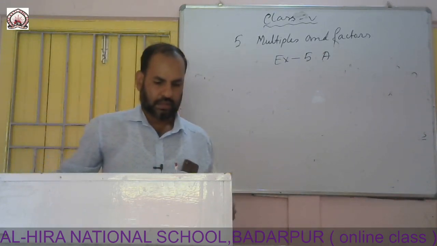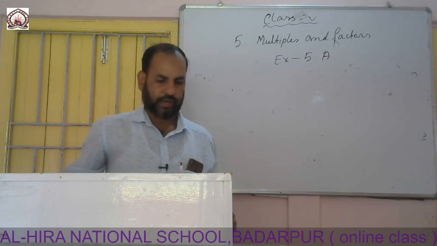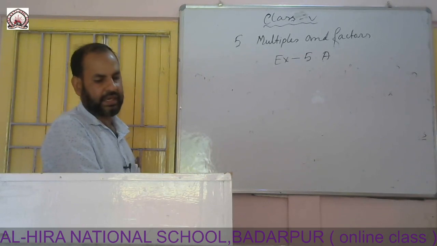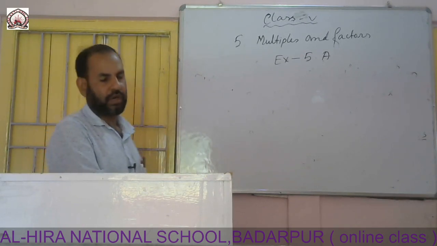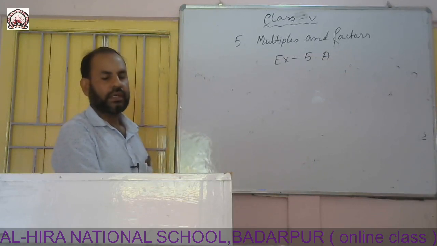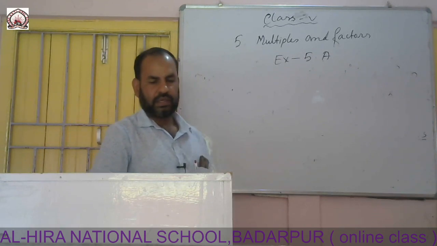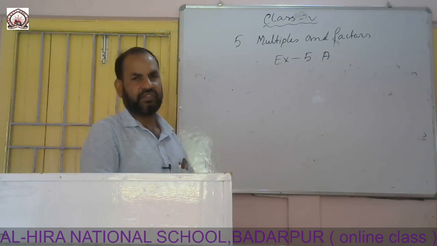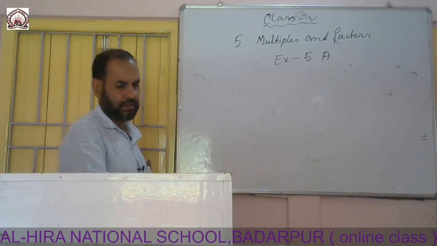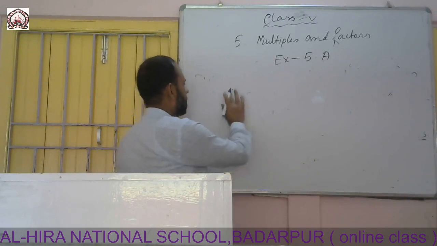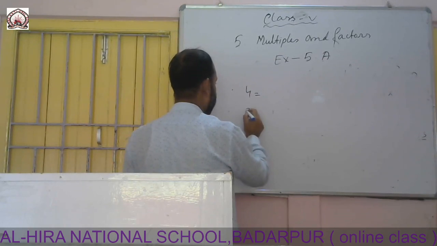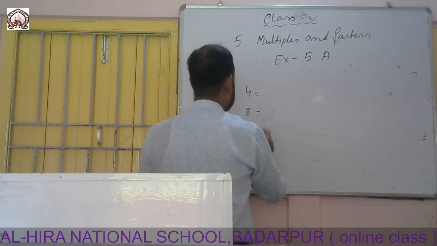Next, composite numbers. A number that is divisible by a number other than itself and 1 is called a composite number. Or we can say a number that has more than 2 factors is called a composite number. So composite numbers, suppose 4, 8, 10.